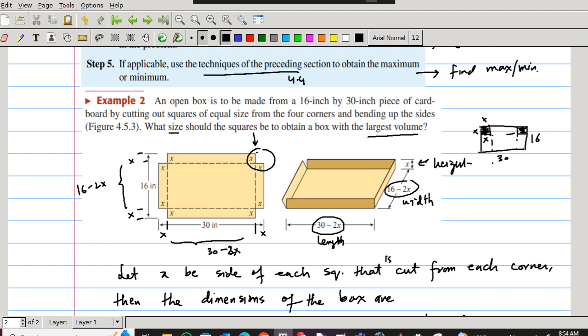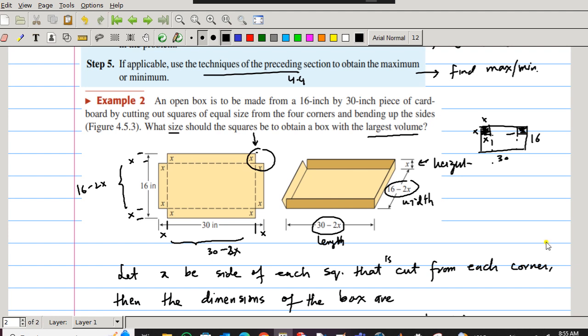If I take 15, half of the other side will not allow me to bend from here. It will only allow me to bend from here. So I take the smallest length, not 30, I take 16 and half of it, because I am bending it from both sides. So 8 can be the maximum.